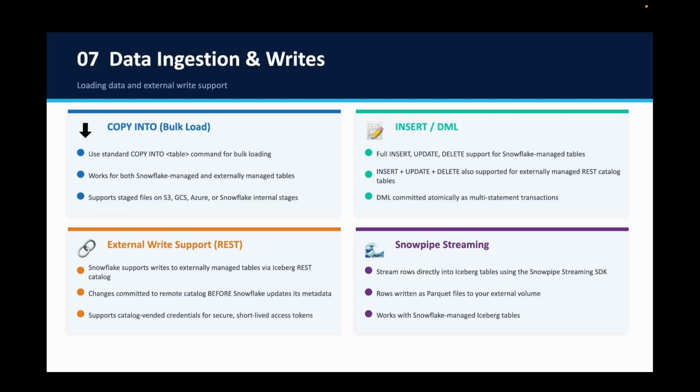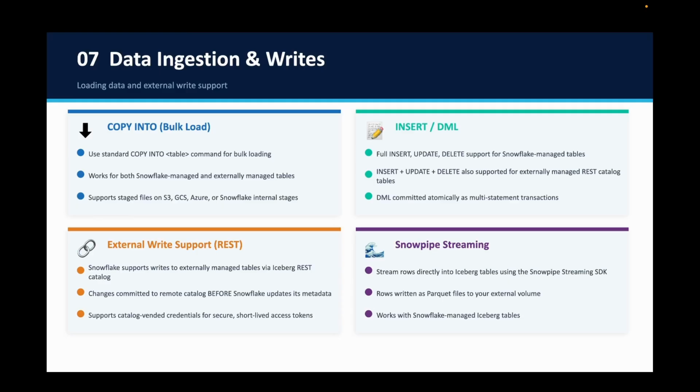Looking at the first option here, copy into, which is a bulk load. Copy into is a command that will insert data into a particular table using a source, which could be a stage or a different table.